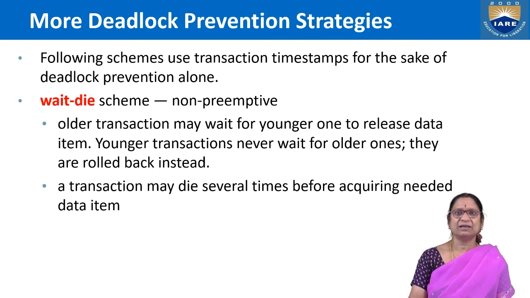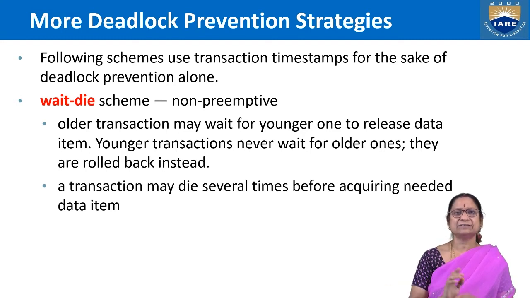One of them is the wait-die scheme. This is non-preemptive, right? That means in the wait-die scheme, a transaction may be waiting for a particular data item over a period of time. An older transaction will wait for the younger transaction to release the data item.